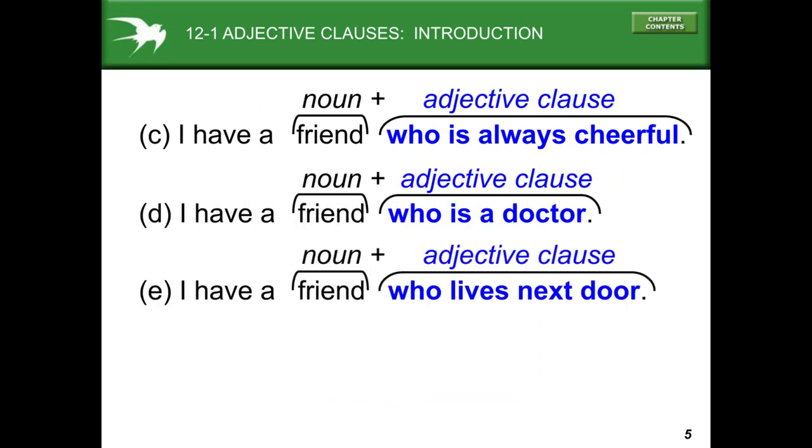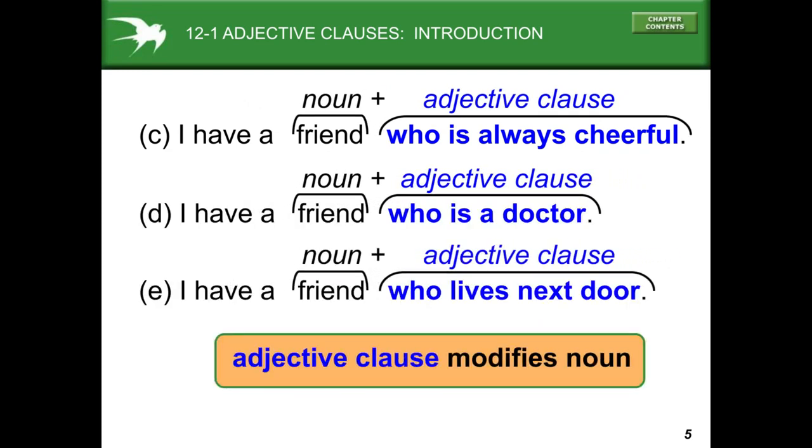However, adjective clauses work a little bit different. An adjective clause is a group of words that acts like an adjective, and it modifies a noun. They look a little bit different because we need a group of words and we need something called a relative pronoun. However, they are after the noun. So in this sentence, you can say, I have a friend who is always cheerful.